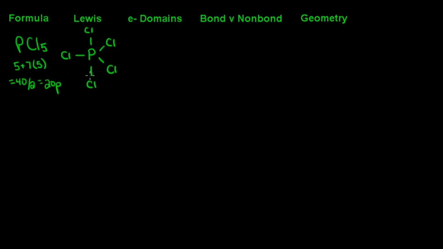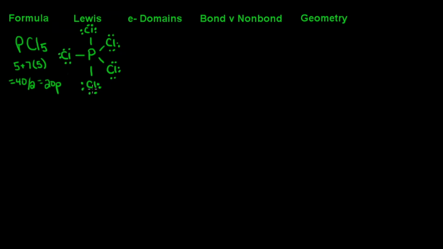Okay, so I used up 5 pairs, so I've got 15 pairs remaining. 1, 2, 3, 4, 5, 6, 7, 8, 9, 10, a little squishy up here, 11, 12, 13, 14, 15.